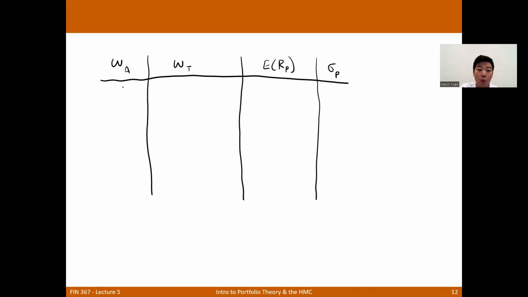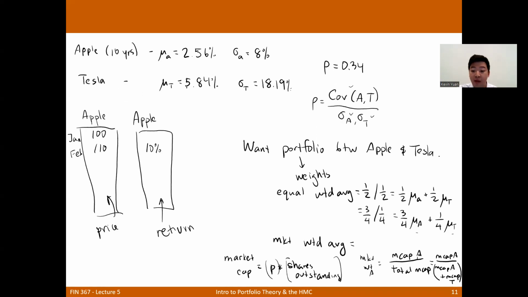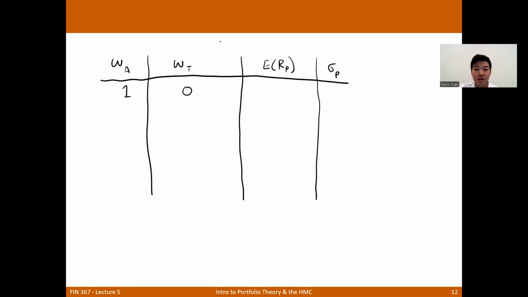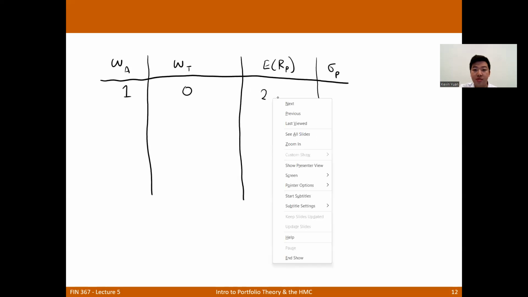Let's say I went 1-0. What is 1-0? 1-0 means I'm 100% in on Apple, and I don't want anything to do with Tesla, right? Well, if I'm 100% in Apple, then my portfolio is just simply Apple. So my portfolio's average return is going to be exactly Apple's. So 2.56 and 8%.